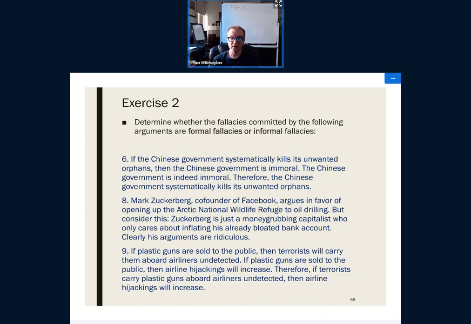The first and the last one are actually types of hypothetical syllogisms again, so both of them are formal. Whereas the one in the middle is an example of ad hominem abusive, right? They're saying Mark Zuckerberg argues in favor of opening up the Arctic National Refuge, but he is a money-grabbing capitalist. So essentially they are, in this case, abusing him.